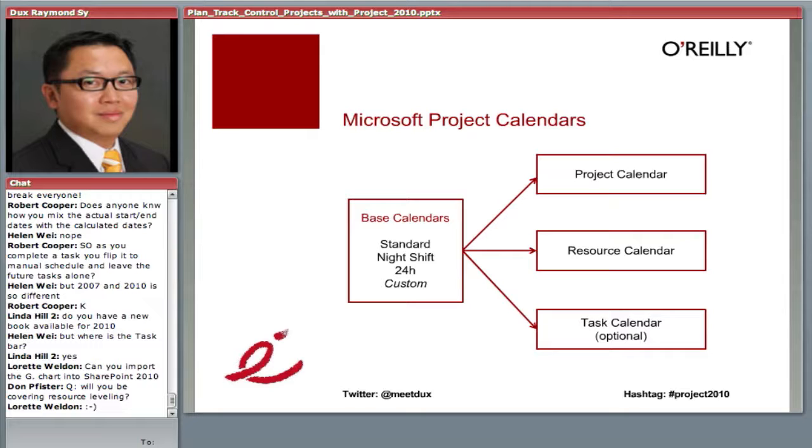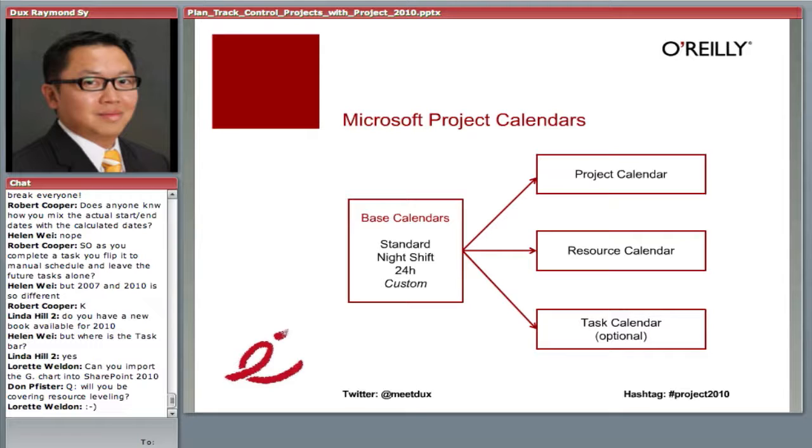For example, the standard base calendar defines Monday to Friday, 8 to 5, with the lunch break 12 to 1. So 8 to 12, 1 to 5, that's working time. Anything outside of that condition is non-working time. So weekends are off, and before 8 in the morning and after 5 in the afternoon is non-working time.